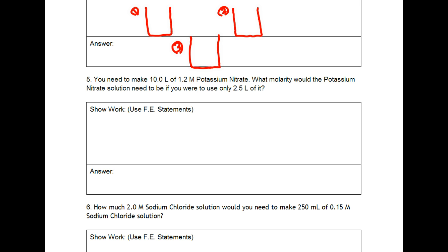And it's saying you need to make 10 liters of a 1.2 molar solution. So what molarity would the potassium nitrate solution, the first one, need to be if you were to use only 2.5 liters of it? So it's telling us that we're using only 2.5 liters of the first solution, and it's asking us what the molarity is.